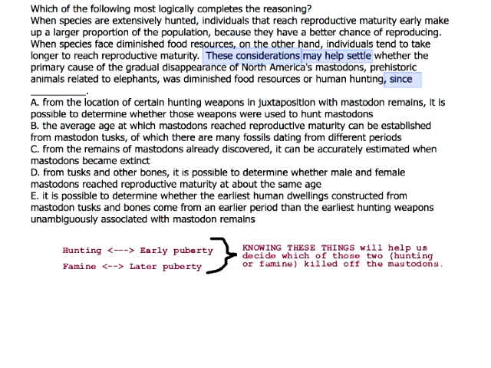Okay, so now what you don't want to do is just pick some other random thing that would help us tell. Like, I'm looking specifically at choice E. Choice E is a totally different, unrelated thing that might help us tell. Because if the dwellings made of these things were earlier than hunting, then hunting probably didn't kill them. But that has nothing to do with the science they presented earlier.